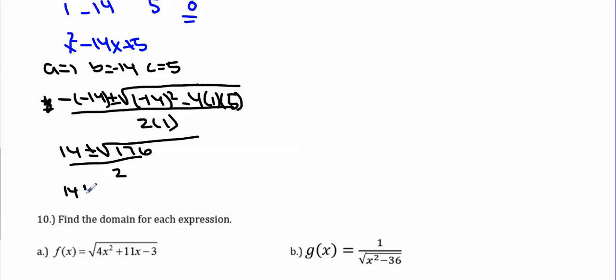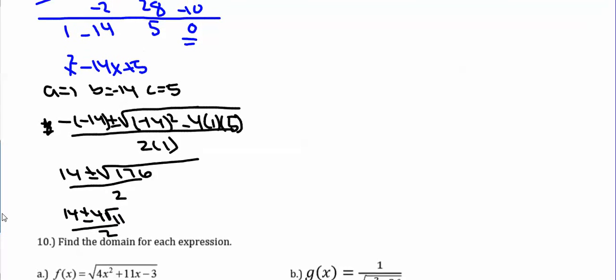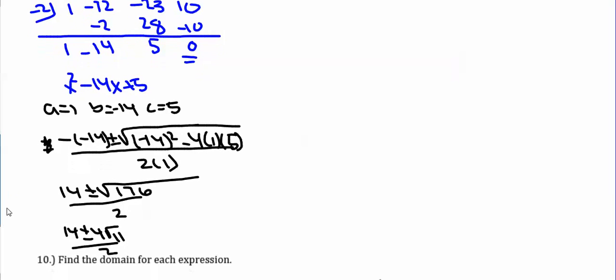So I have 14 plus or minus 4 square roots of 11 over 2. Now we always want to leave answers in simplest form. That simplifies. You can divide 14 by 2 and plus or minus 4 by 2. I'll change the color. So that results in 7 plus or minus 2 square roots of 11.